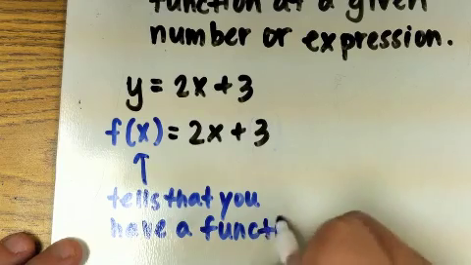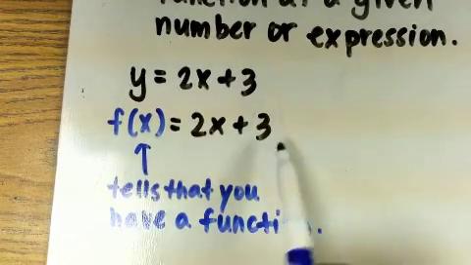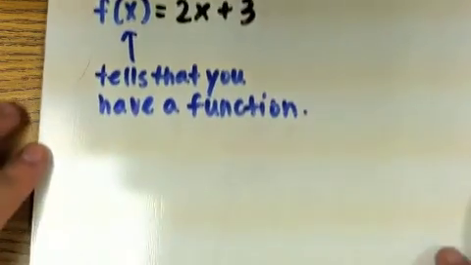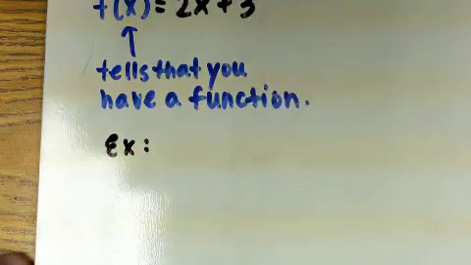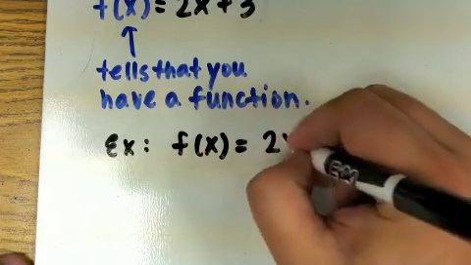Okay? And our goal for this little segment is to figure out, given something like this, if I ask you to find the function at 3, how would you do such a thing? Okay, so let's look at an example of what I'm trying to explain to you here. So for example, let's say that you have the function f of x is equal to 2x plus 3.